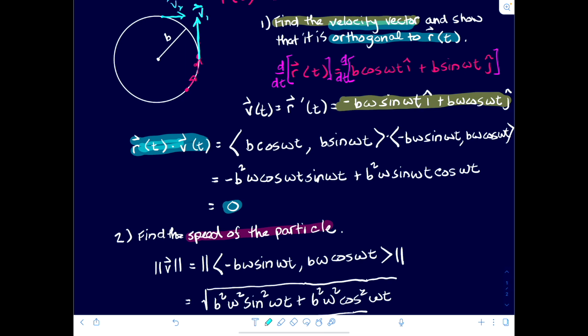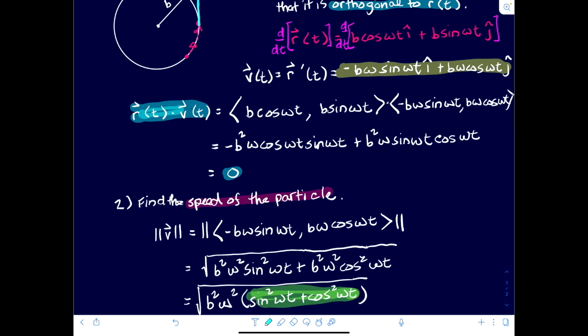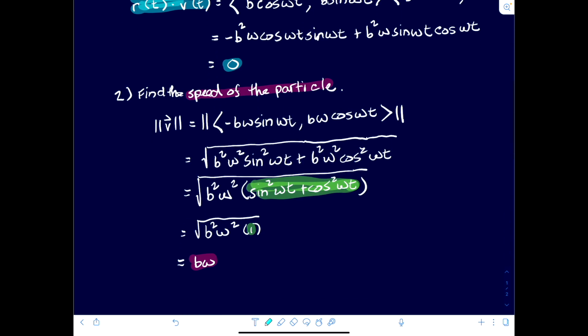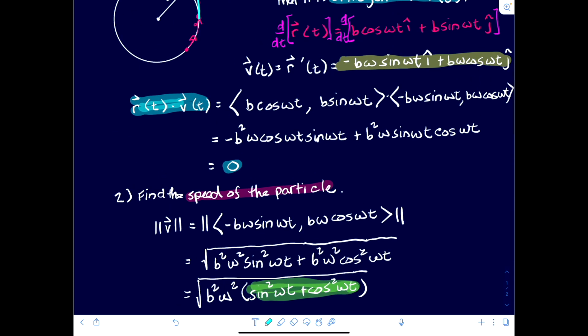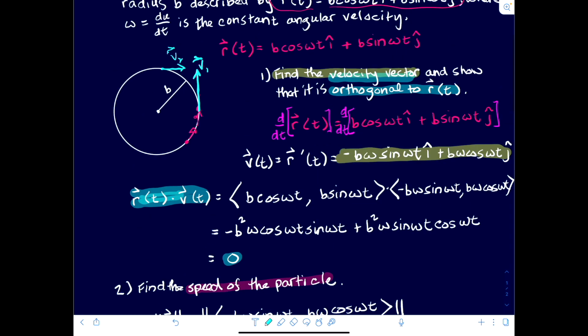You could call this v2. However you want to think about it. Those are all perpendicular to r, which is the circle itself. That's that path. Okay. And so now we know that the radius has to do with the calculation of the speed, the radius and the coefficient to the time, the omega, the angular speed. So the product of the omega, which is the constant angular velocity, and the radius b is the speed.